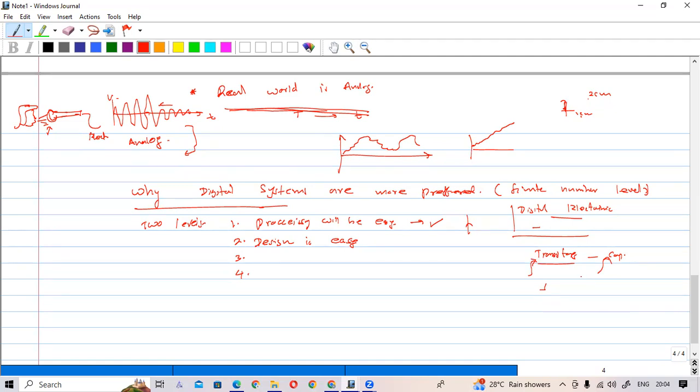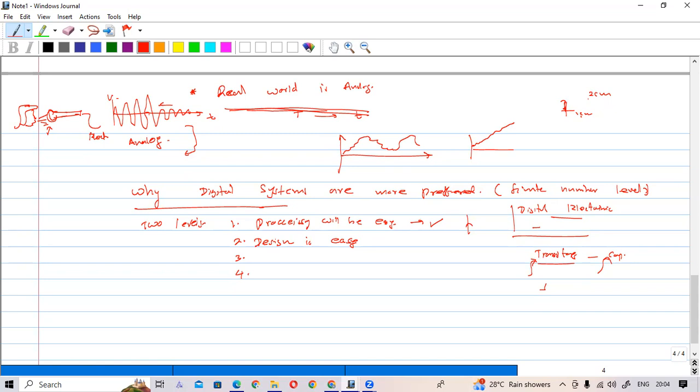So this analog design using transistors, resistors, capacitors, if we are going to make an analog circuit with those components, it is not easy.